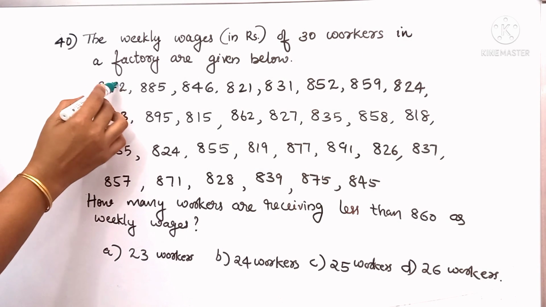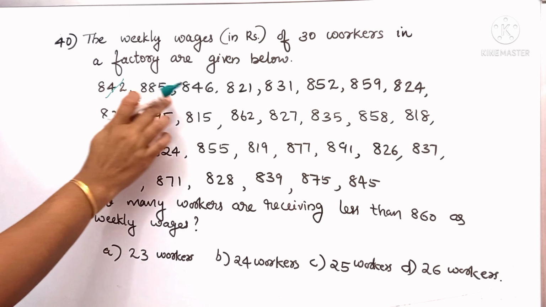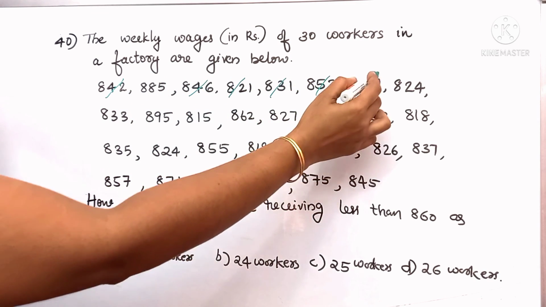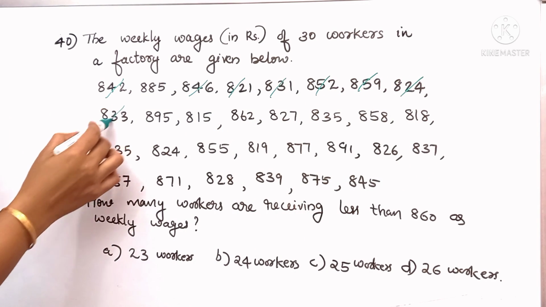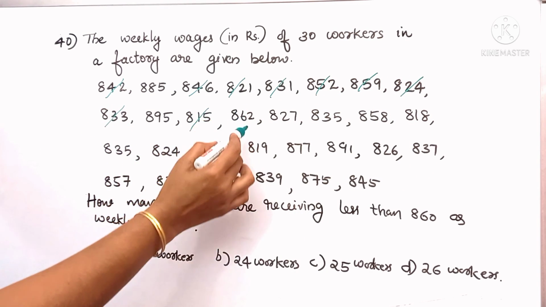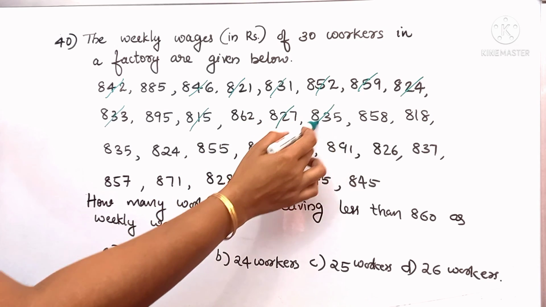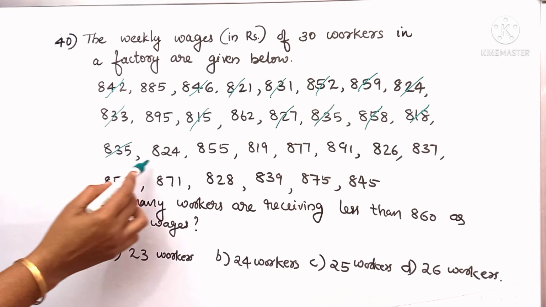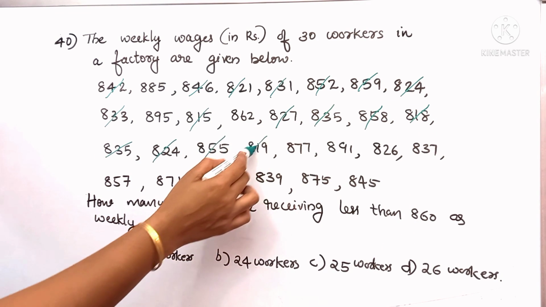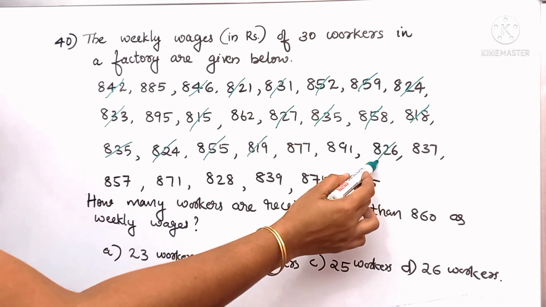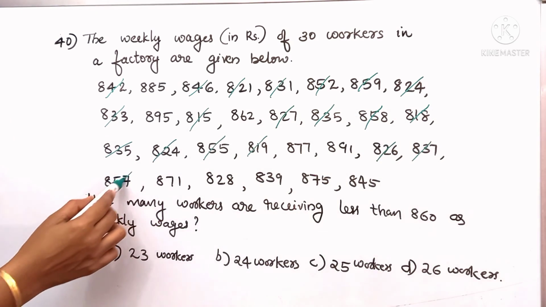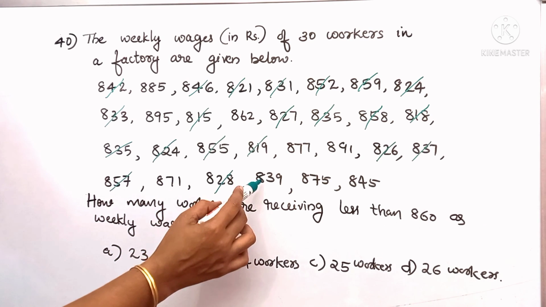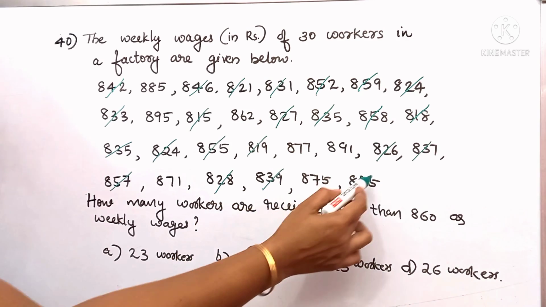We can count it. 1 less than 860. Then this is the second one, third, fourth, fifth, sixth, seventh, eighth, ninth, 10th, 11th, 12th, 13th, 14th, 15th, 16th, 17th, 18th, 19th, 20th, then 21st, 22nd and 23rd.